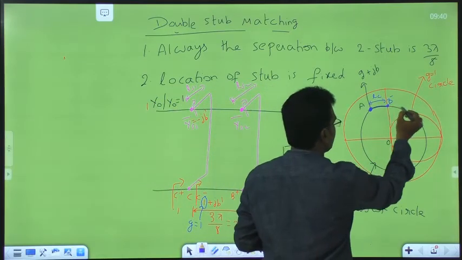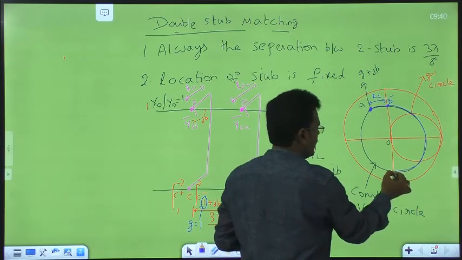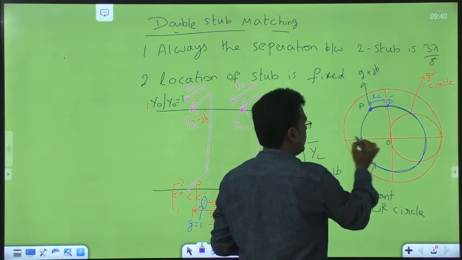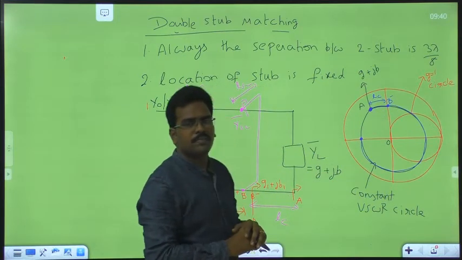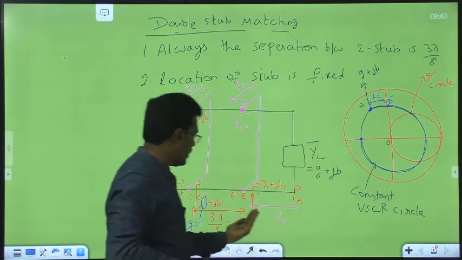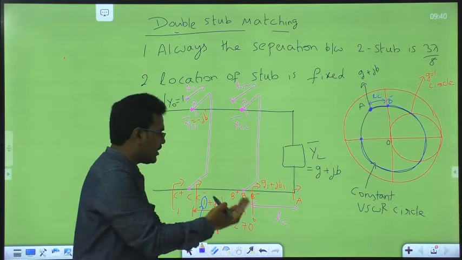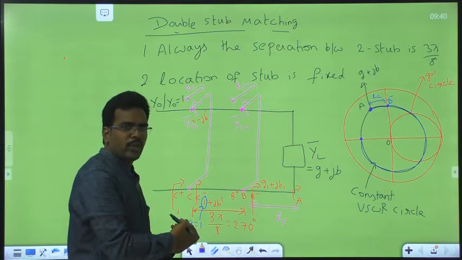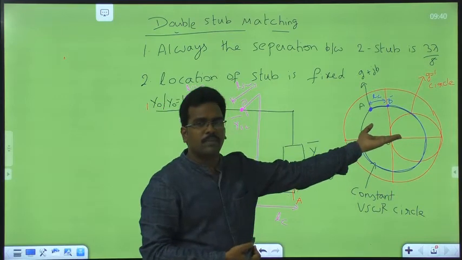So this is 0, this is 90, this is 180, and this is 270. It is not touching the G is equal to 1 circle. But according to the diagram, our objective is that after traveling a distance of 3 lambda by 8, it has to reach the G is equal to 1 circle. But it is not happening here.